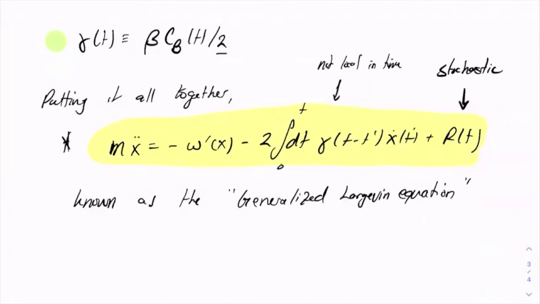The fact that it looks like minus gamma times x dot should give you some intuition that this is like a friction. It's a friction that has time dependence. We would also say that this is a friction that gives the solute a memory in its dynamics.